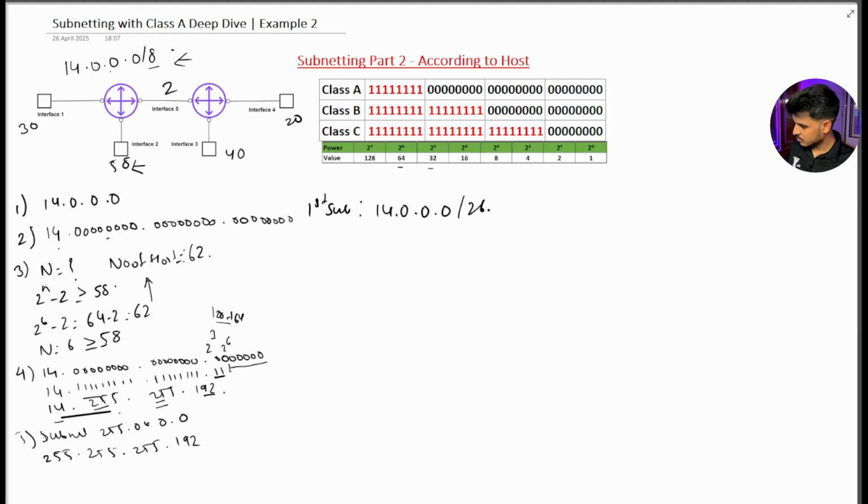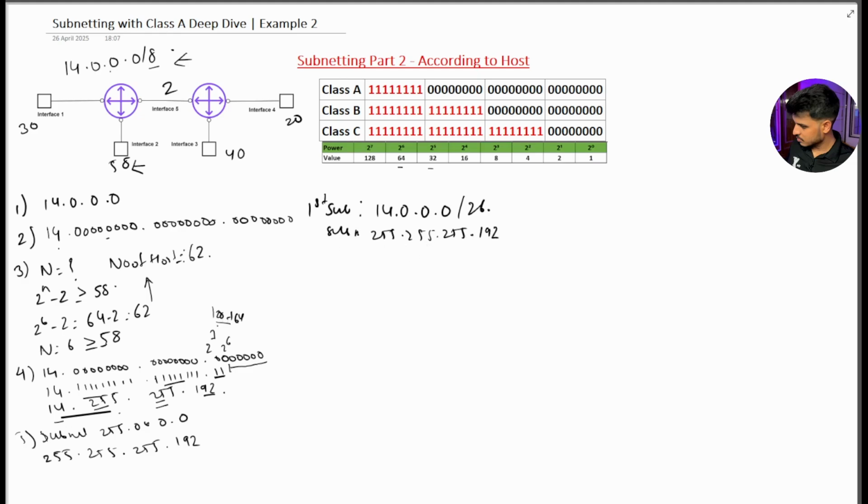What will be the subnet mask? It will be 255 as we have given to network, again 255 for network, and again 255 as the third octet is also given to network, and for the fourth octet subnetting is done, meaning the addition 128 plus 64 gives us 192.